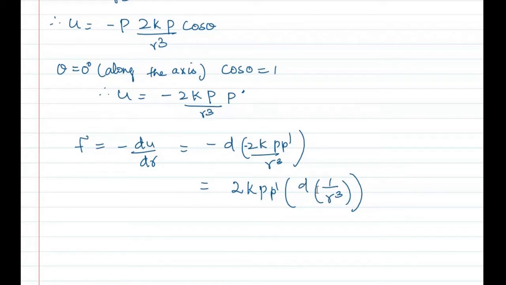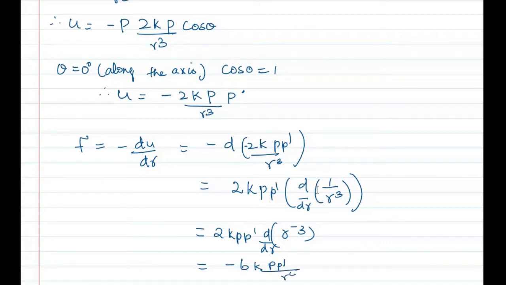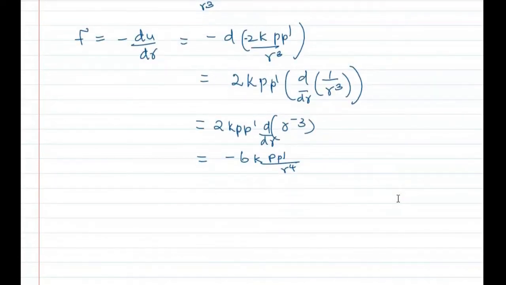You'll get 2kP dash, you can write it as r to the power minus 3, differentiated with respect to r. After differentiating we'll get the answer to be minus 6kP dash divided by r to the power of 4. So F is equal to minus 6kP dash divided by r to the power of 4.